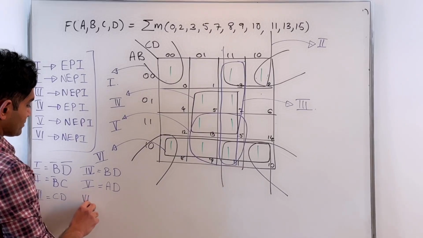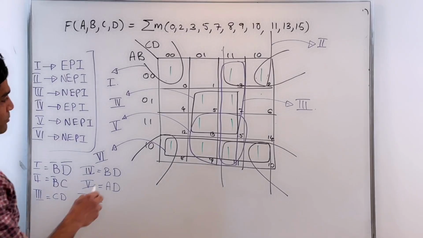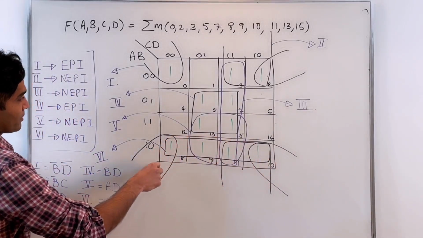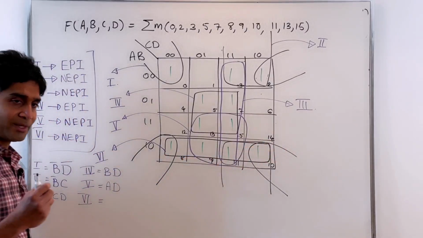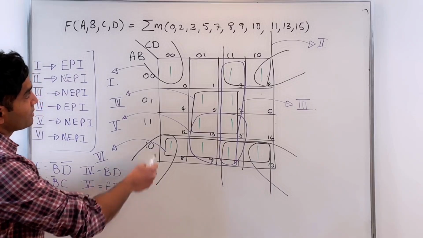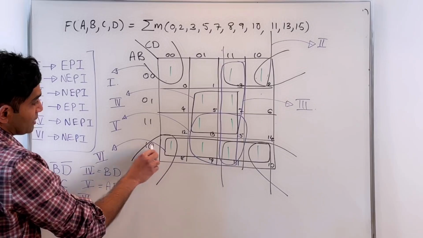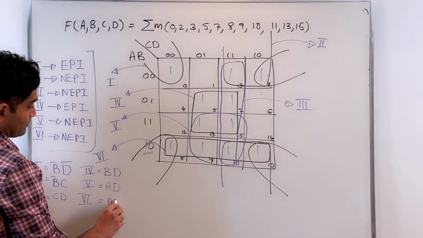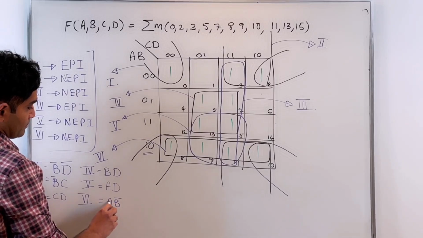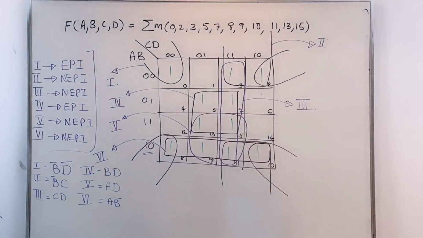And finally, 6, that's going to be the row. When I go across horizontally, C and D get eliminated. The ones that do not change are A and B, which remains as A B prime. Okay. So those are my product terms corresponding to my prime implicants.